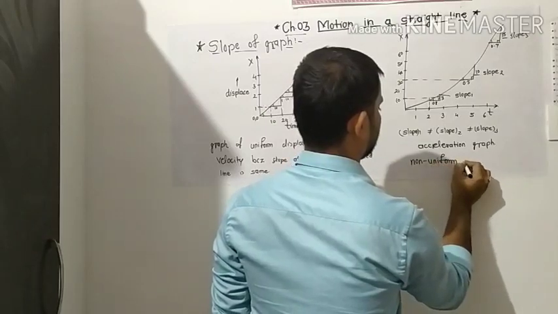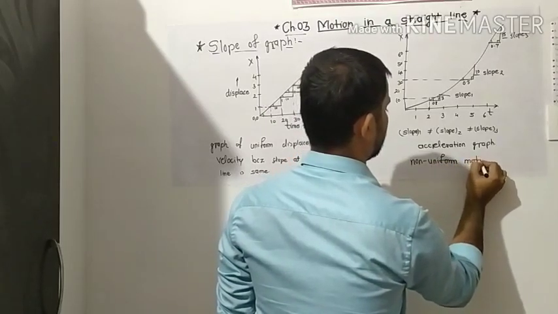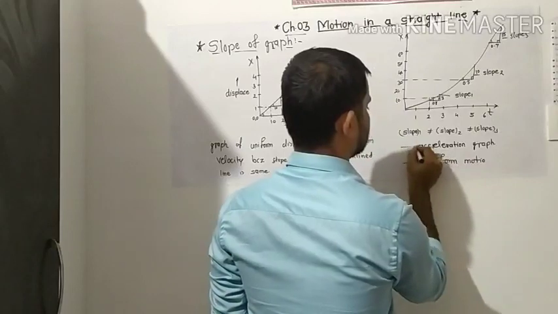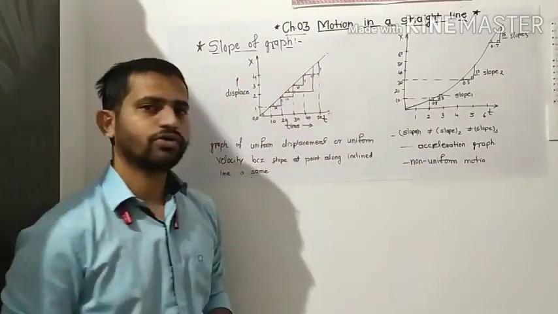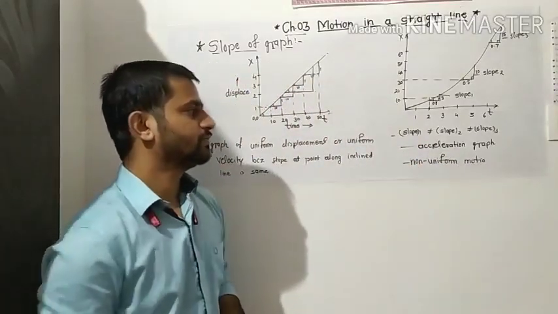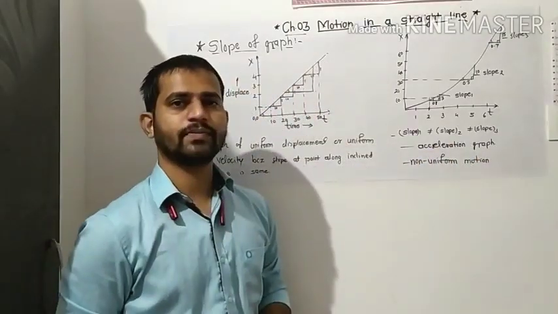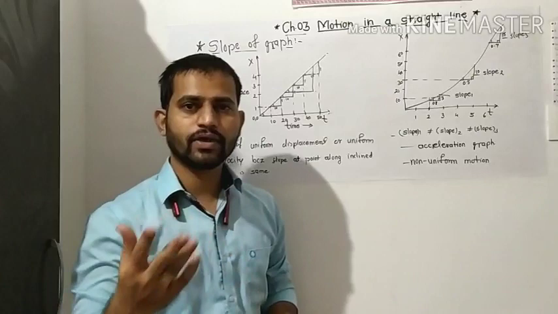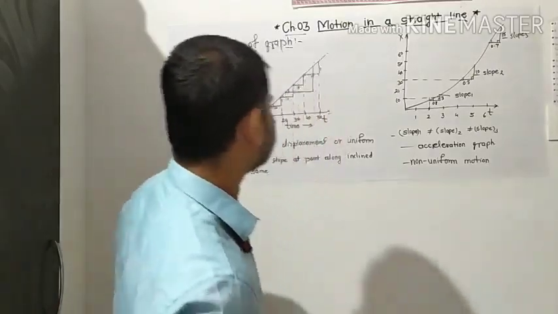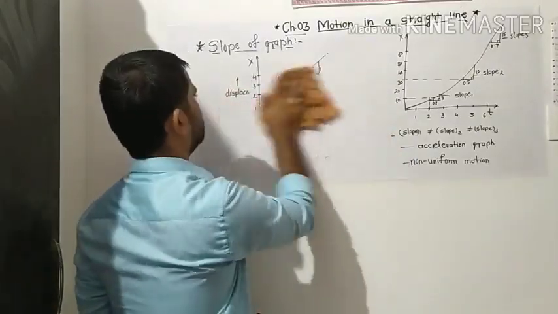This type of non-uniform graph represents the acceleration graph. Suppose we have another type of graph, like I draw here.